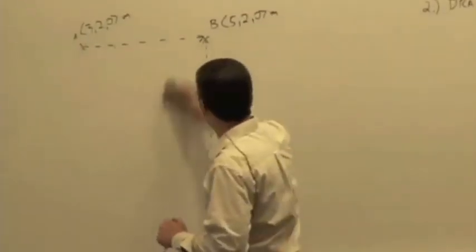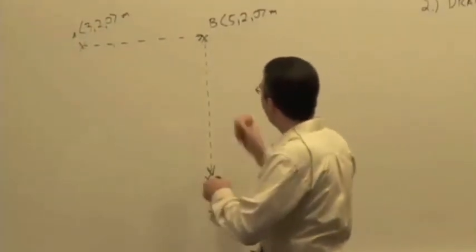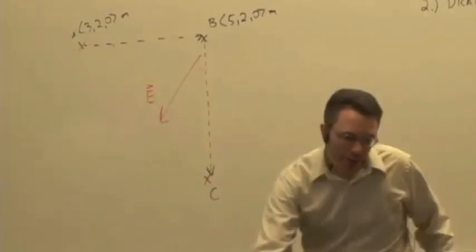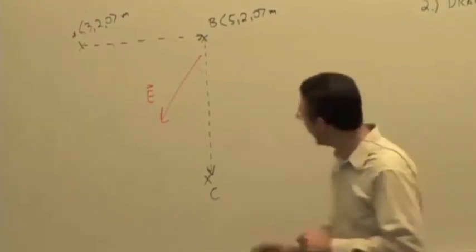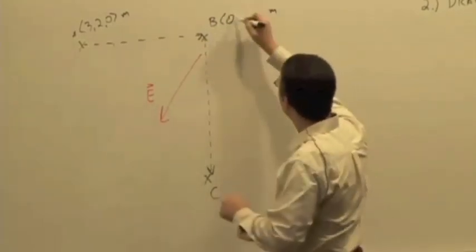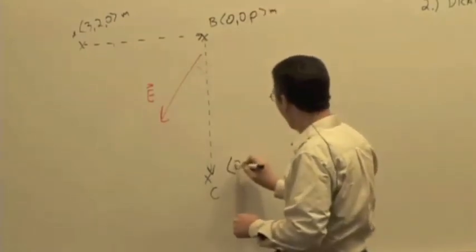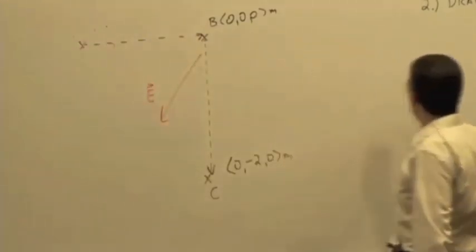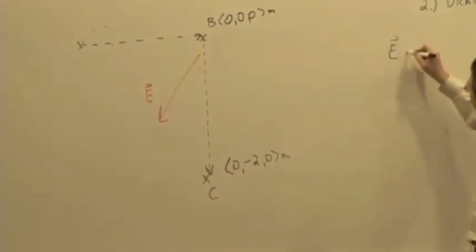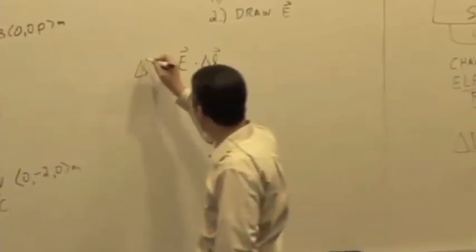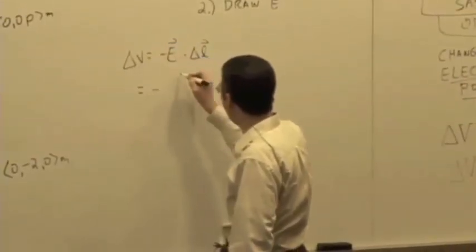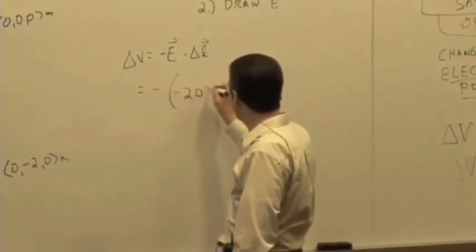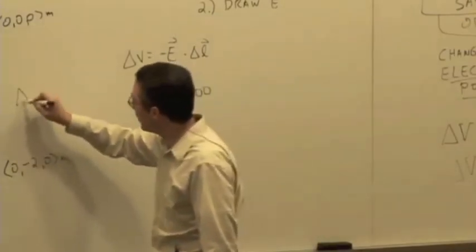Our electric field points something like that. B was at 0, 0, 0 and C at 0, negative 2, 0. So delta V is negative electric field dot delta L. We have the negative of Ex, which was negative 200, times the path's delta X component, which is 0.